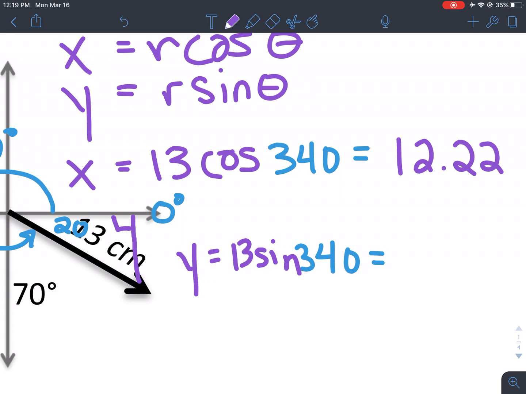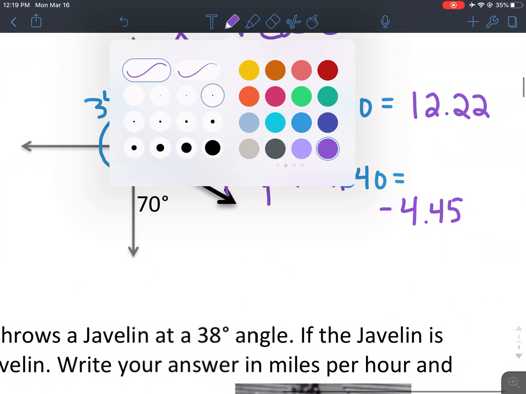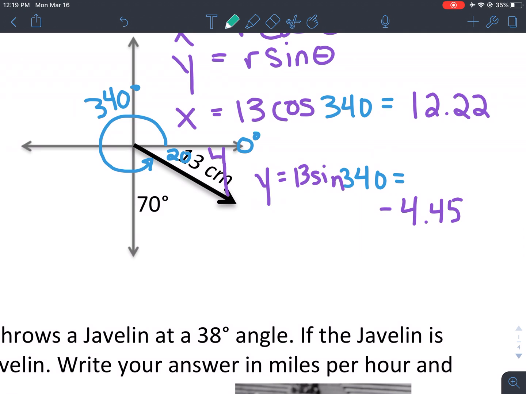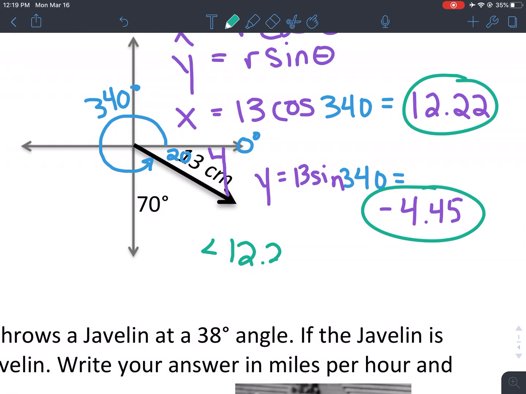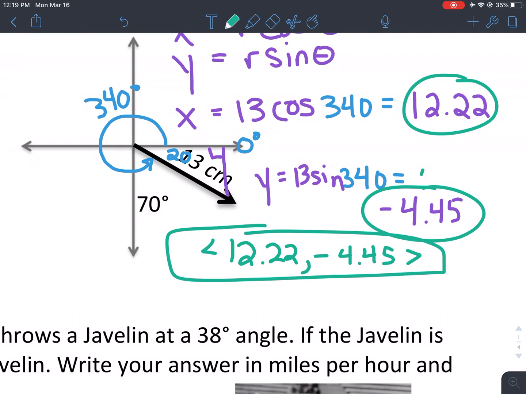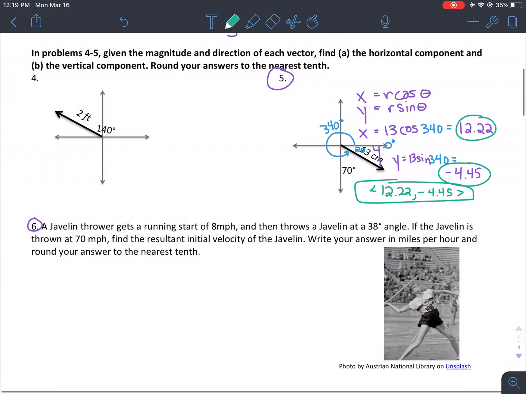And then for the y coordinate, negative 4.446, so I'm going to write negative 4.45. Okay, so notice using that 340 degrees gave us the exact correct answer. So the component form here should be 12.22, comma, negative 4.45. All right, so we are done with question 5.